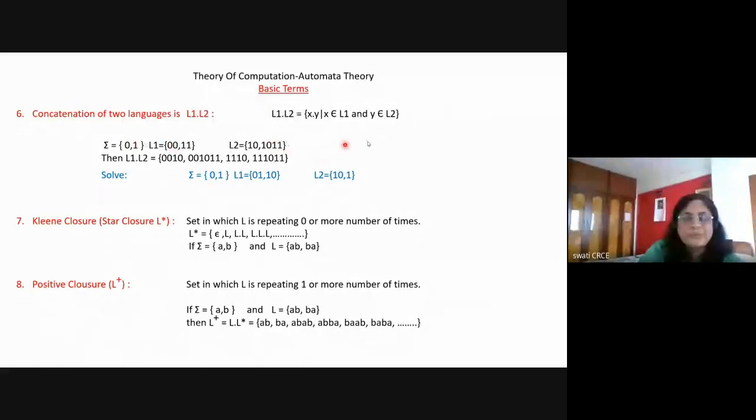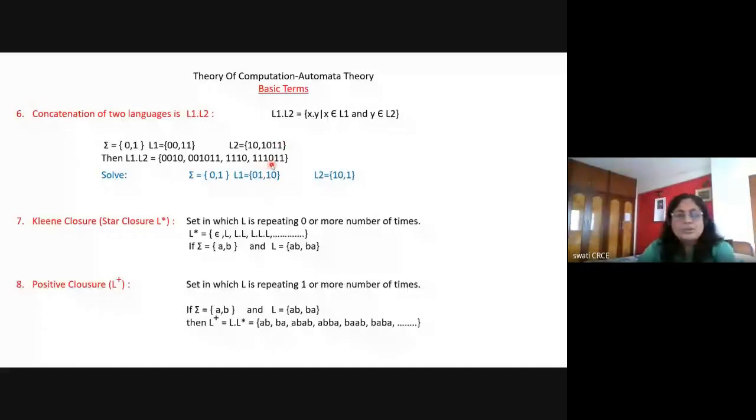Like this, you have to go on doing. Once all the elements of L2 are over, you go to the second element of L1 and repeat the same thing. So the third element will be 11 concatenated with 10, so it is 1110. And 11 concatenated with 1011 is the last element.